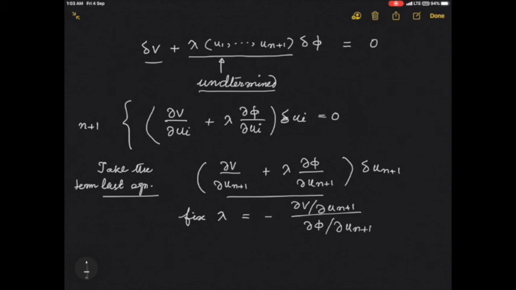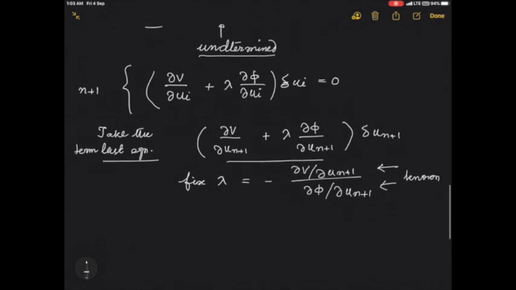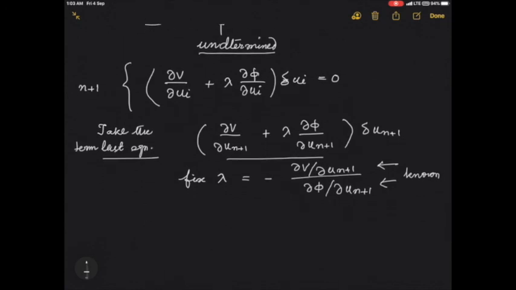Remember that these quantities are known because I know what phi and v are in terms of all the coordinates. Once I set this to 0, I get an expression for lambda.